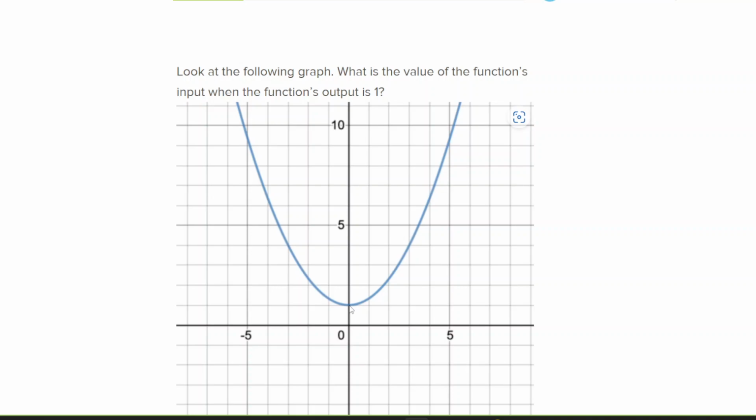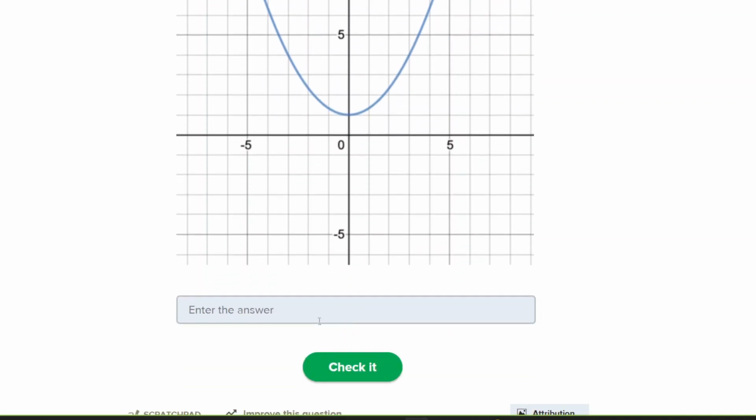And you see that point there when y is 1? Look at the value below on the x-axis that has an x-coordinate, or an x value, of 0. All right, so when the output is 1, the input must be 0 for this particular function. And that's what I'm going to enter.